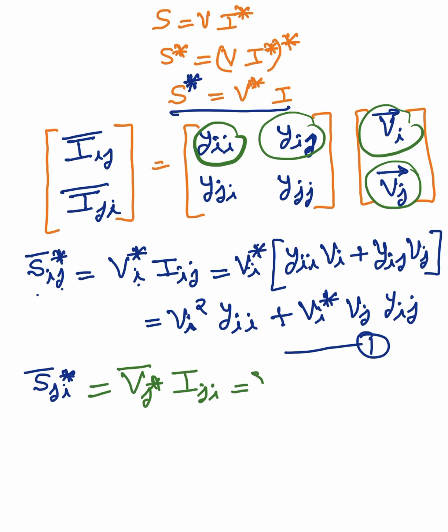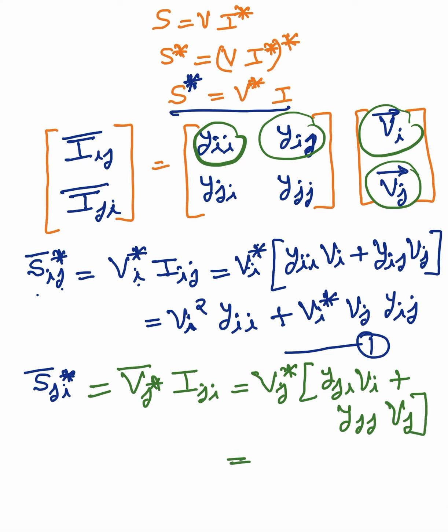So you can write like this, that is Vj conjugate multiply with the Yji into Vi plus Yjj into Vj. Okay, multiply with them, then you can see that what is Vj square Yjj plus Vi and Vj conjugate multiply with the Yji. That is the equation number 2.